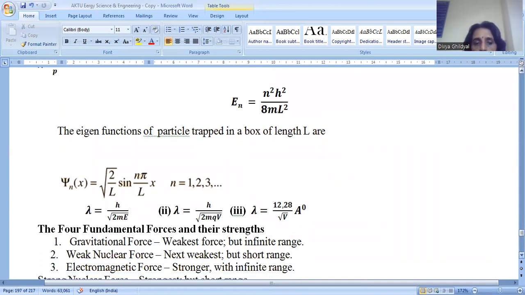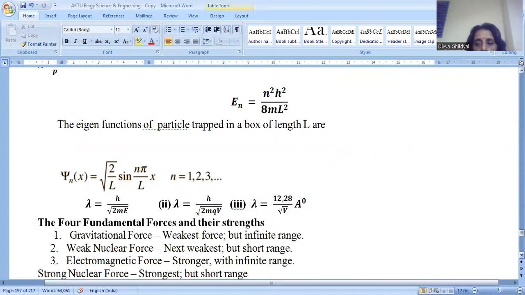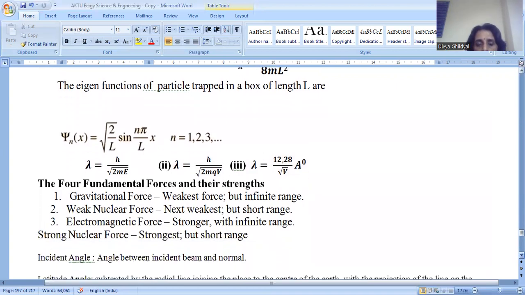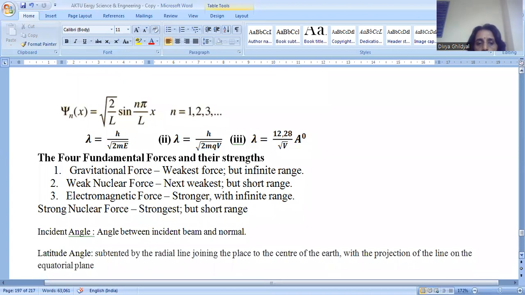Wave function for particle in one-dimensional well is given by phi equal to under root 2 upon L sine n pi by L into x. Other forms of de Broglie wavelength are lambda is equal to h upon 2 under root me, lambda equal to h upon under root 2 mqv, lambda equal to 12.28 upon under root v in angstrom.